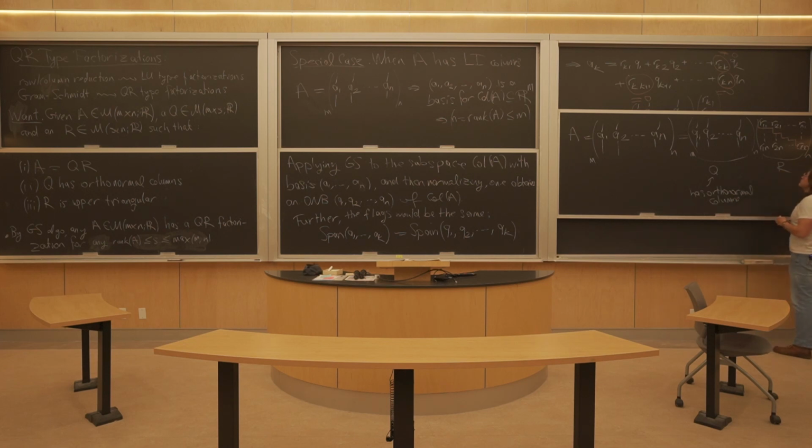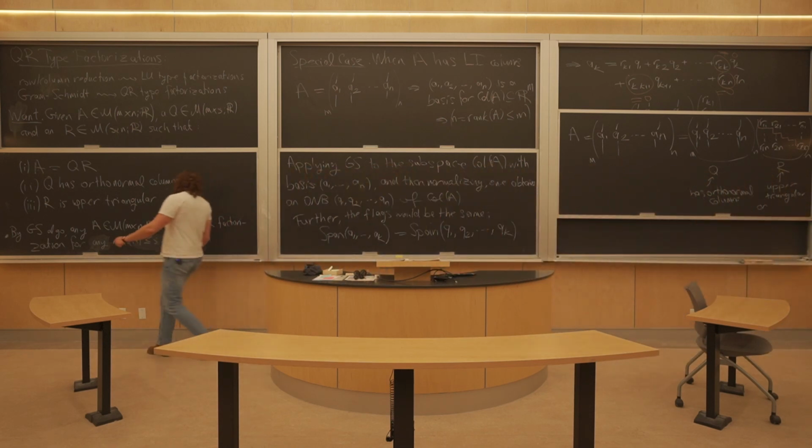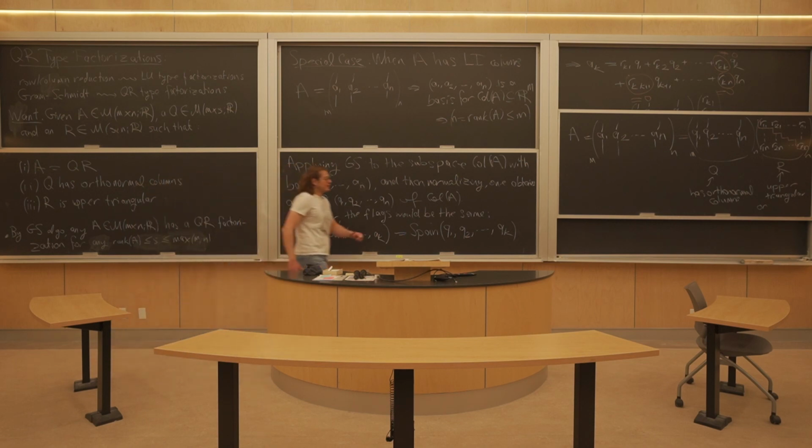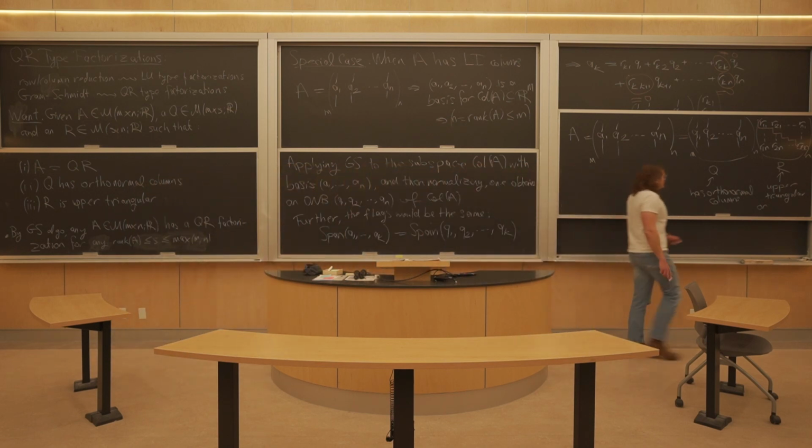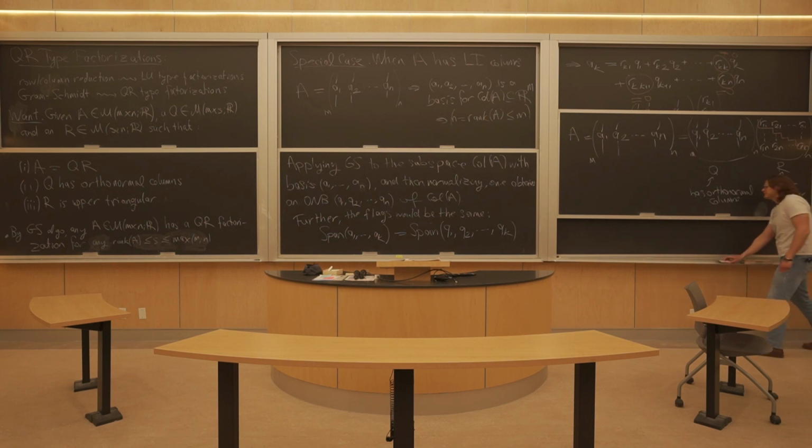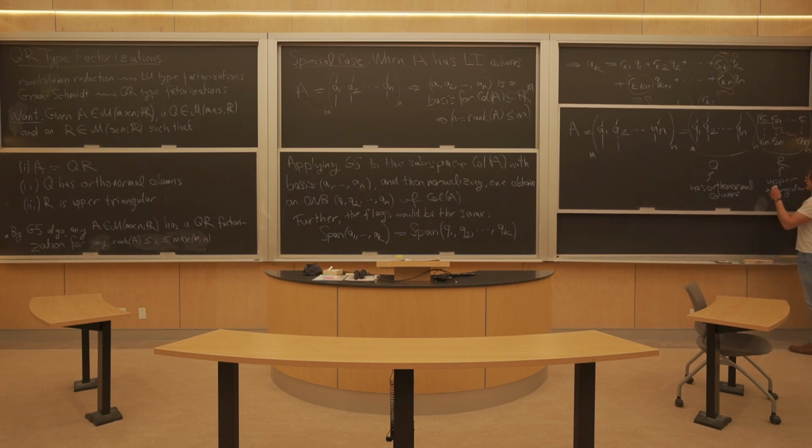And this guy is upper triangular, and on the diagonal, it has non-zero entries. Let me just say it is invertible, because we know that the determinant of an upper triangular matrix is the product of the diagonal entries, which is the product of the eigenvalues. I'm saying that none of the eigenvalues is 0. That is equivalent to saying that it is invertible.